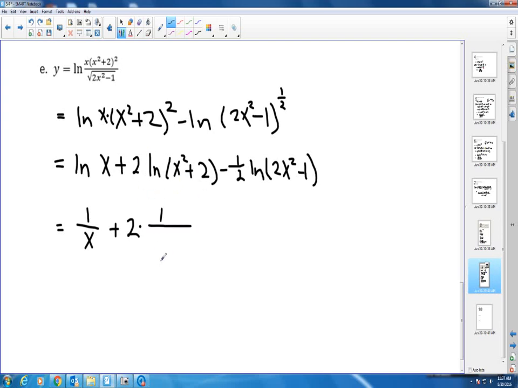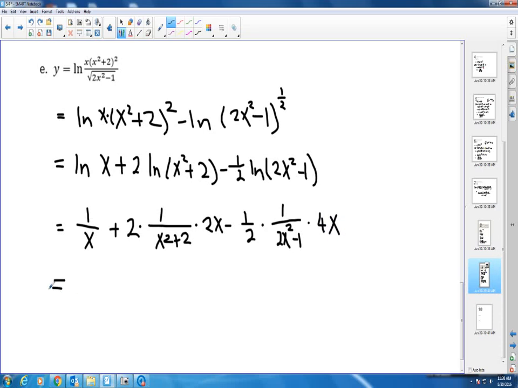U is my x squared plus 2, so that would be 1 over x squared plus 2 times the derivative of the inside, which is 2x, minus half times the derivative of the outside, which is 1 over my u, times the derivative of the inside, which is 4x.